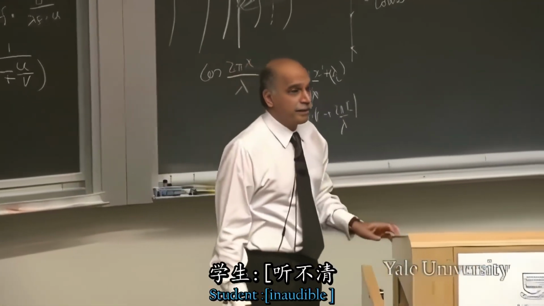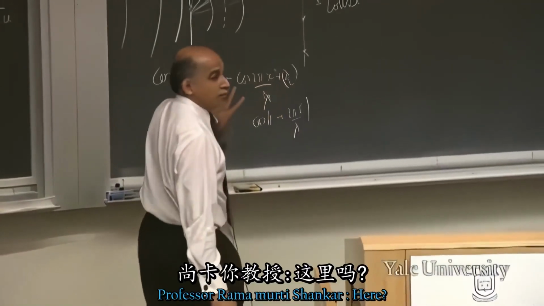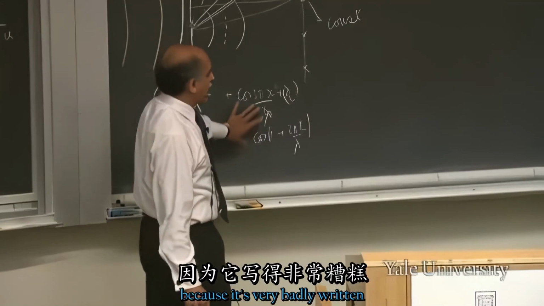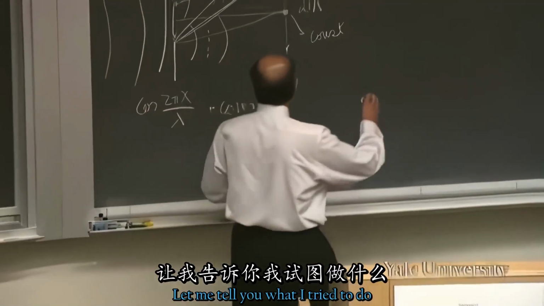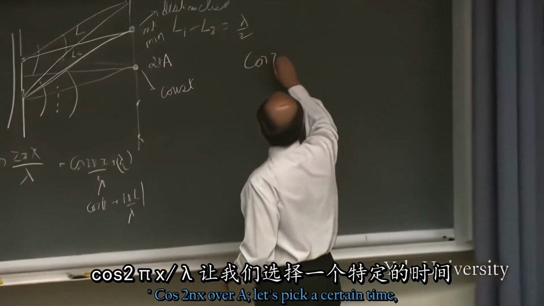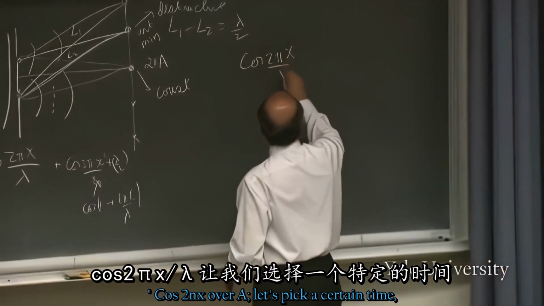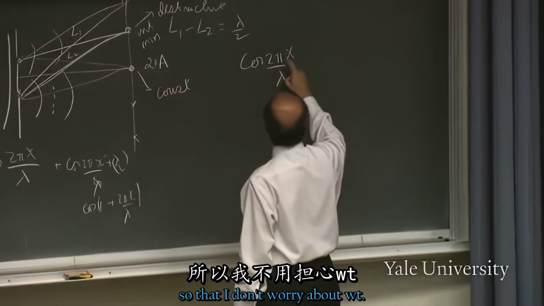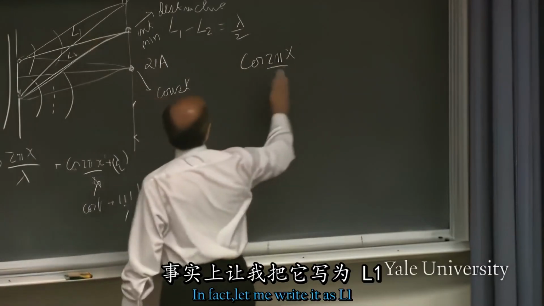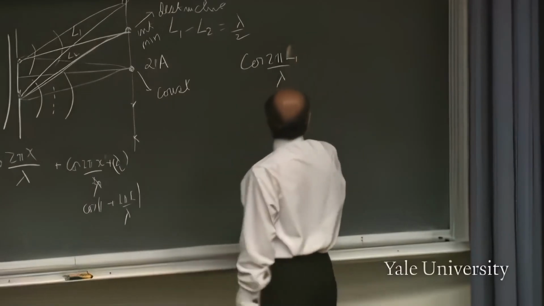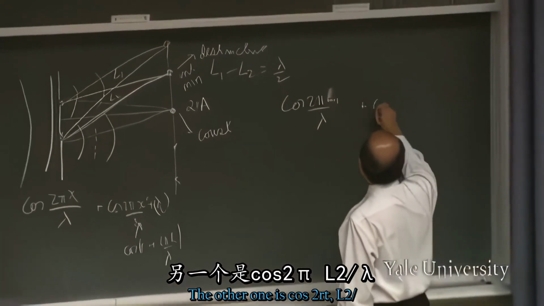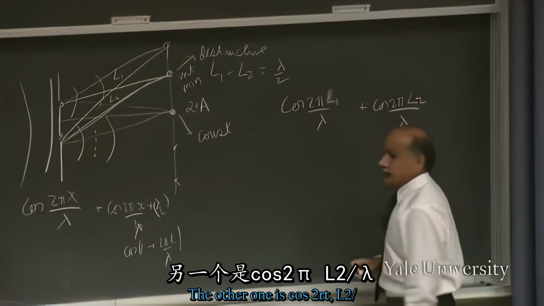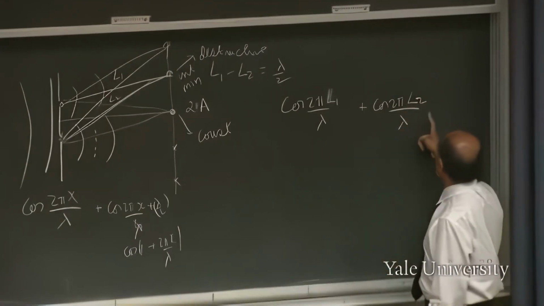Yes? What's the equation down there, though? Here? Yeah. You're not able to read this equation because it's very badly written. Let me tell you what I tried to do. Cosine 2 pi x over lambda, let's pick a certain time so that I don't worry about omega t. In fact, let me write it as L1. The other one is cosine 2 pi L2 over lambda. I'm adding two waves.